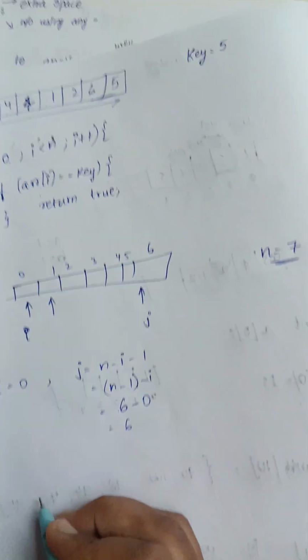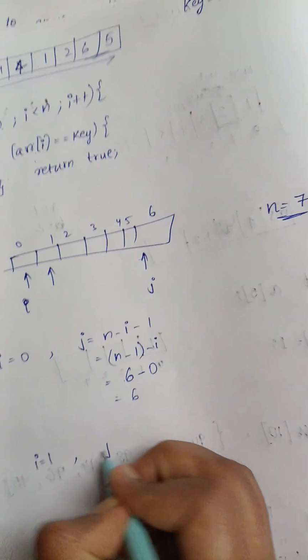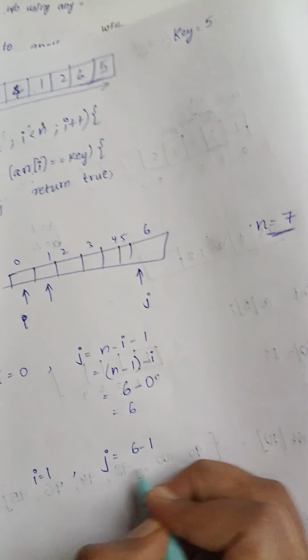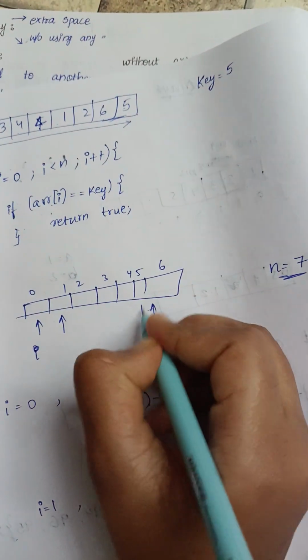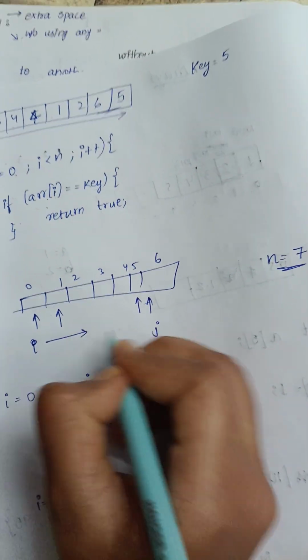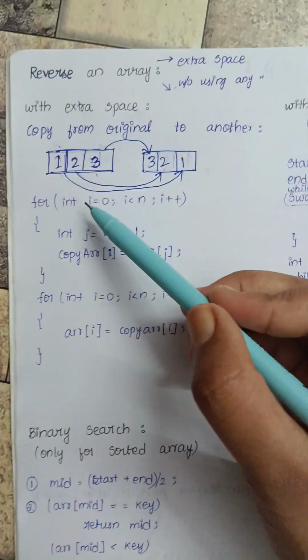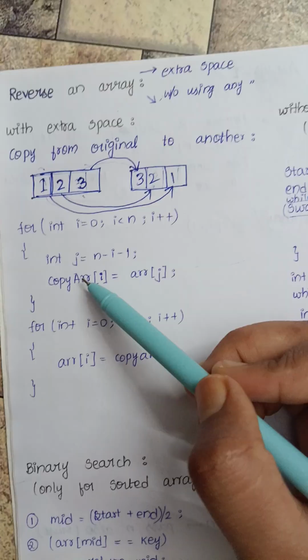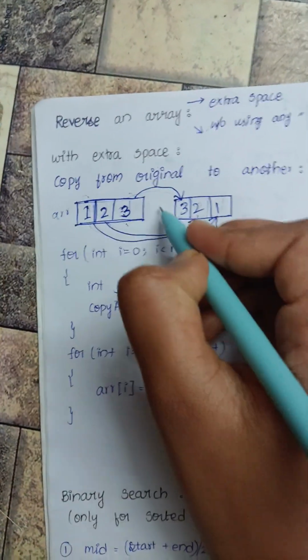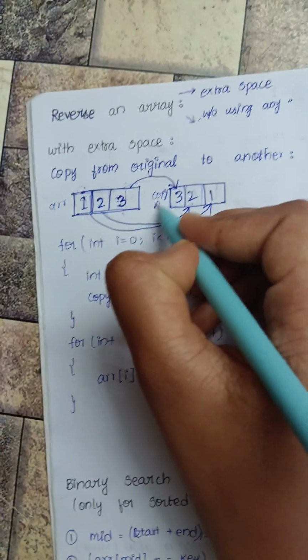When I equals 1, the j value will be 6 minus 1, which is 5. So j would come here. So when I is moving, j is moving this way. So this is what we are doing. This is our original array and this is our copied array.